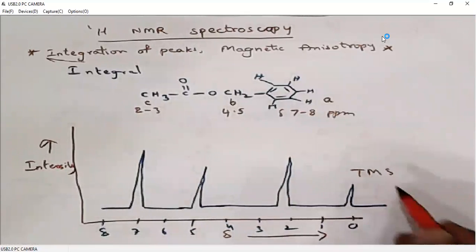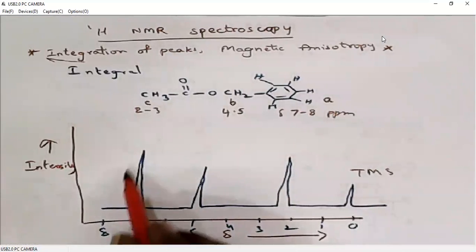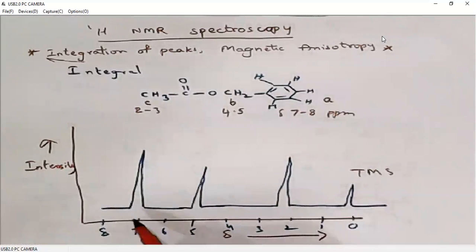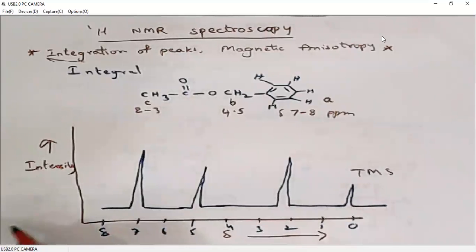Generally, when we operate the instrument, we get only these bare peaks. Then what we will do is give 0 to the right side peak. So the last peak on the right side, we will generally give 0. Then accordingly, the scale will appear from here onwards.